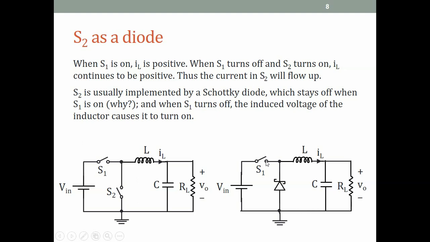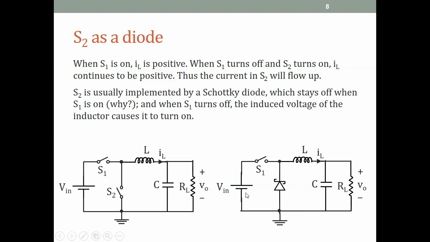The duty cycle of S1 is directly related to this. So in fact, the output voltage can be written approximately as the duty cycle of S1 multiplied by Vin. So if RL decreases and VO decreases, we increase the duty cycle so that VO also increases.